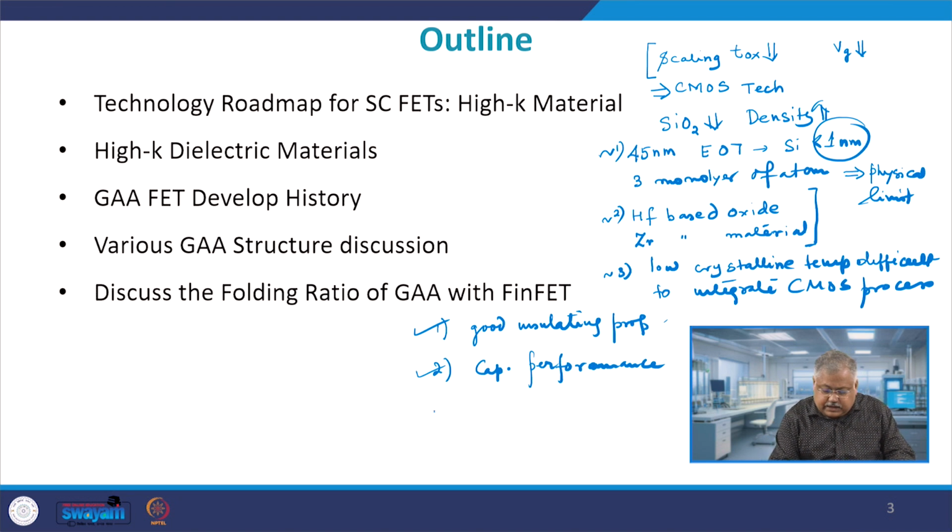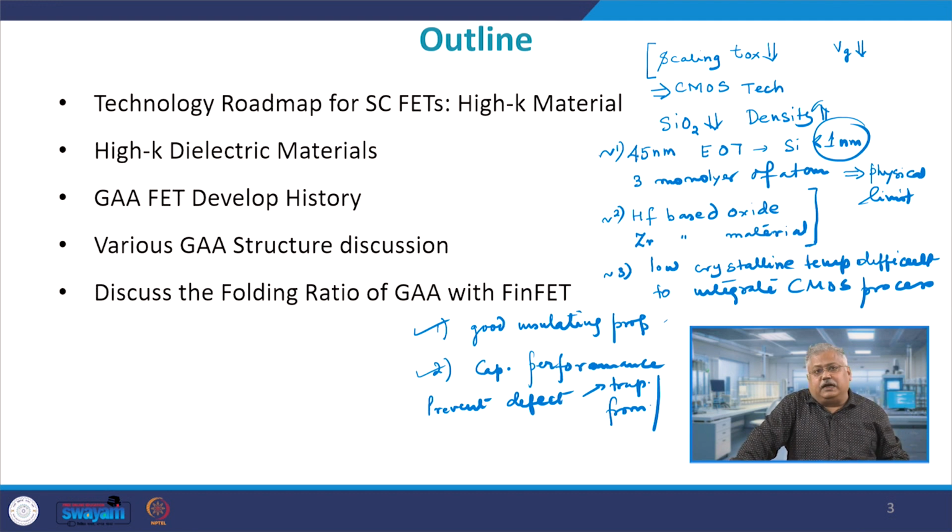Basically, what you need to do is prevent defects. Why do we need to prevent defects? Because we do not want trap formation to take place within the oxide layer. That will degrade the overall characteristics, and we want as few electrical defects as possible, which will ensure that the device design is much more reliable.